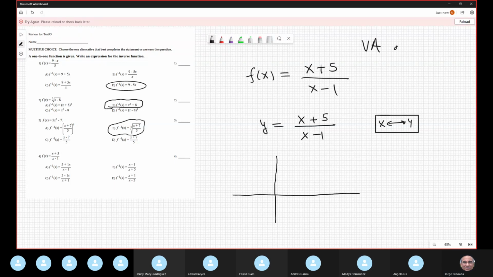Very well. So at x equal 1, here, we have a vertical asymptote. And a horizontal asymptote, we have or no? You don't remember the horizontal asymptote?